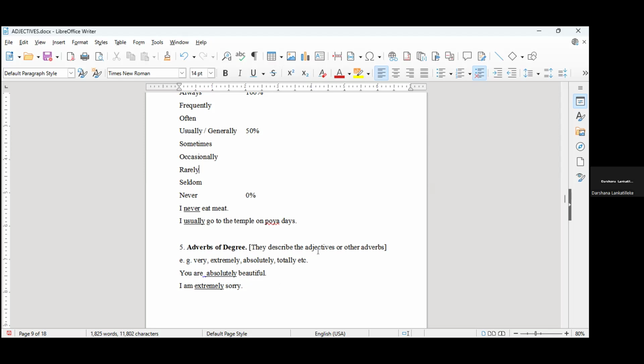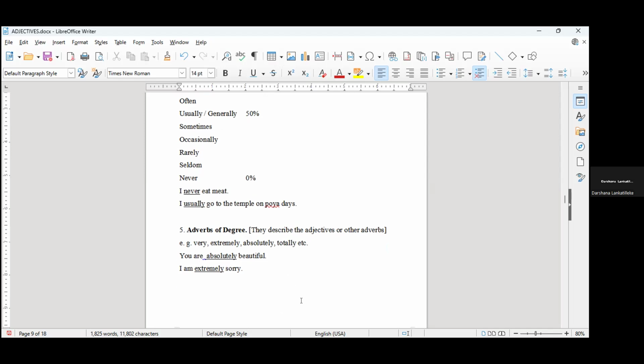They describe the adjective. How beautiful is she? So absolutely beautiful. I am extremely sorry. Sorry is an adjective, but we modify that with extremely. You are totally wrong. Very also you can say. So they are called adverbs of degree.